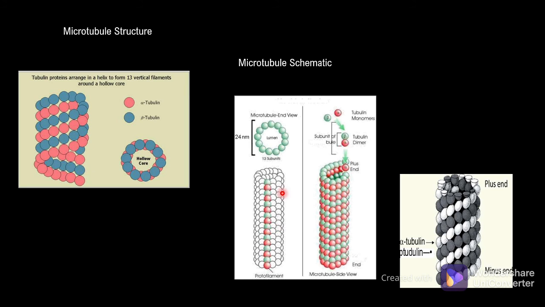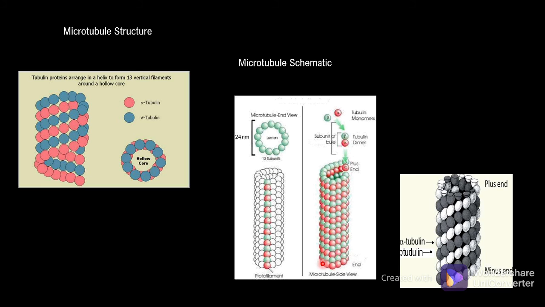The positive end of the microtubule always has the beta subunit exposed, that you can see here in the green color, while the alpha subunit is exposed towards the negative end.